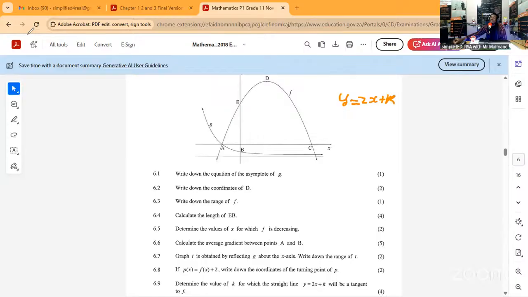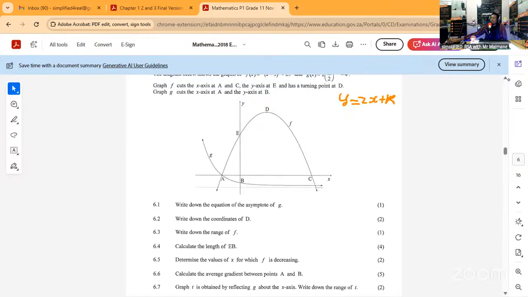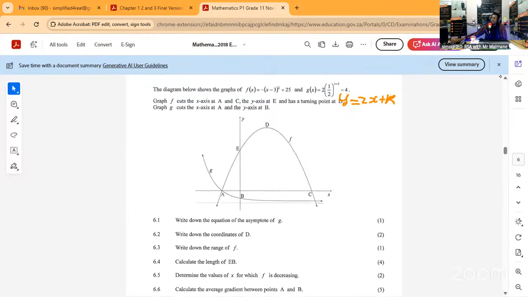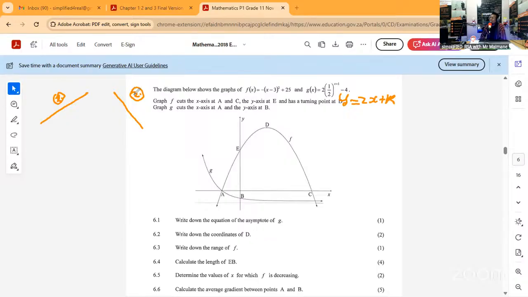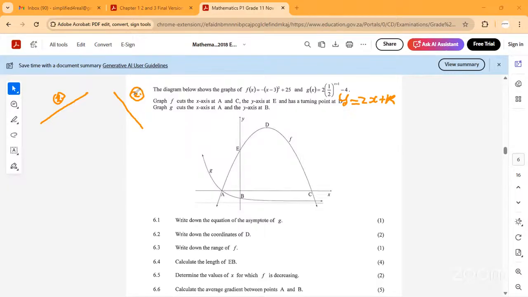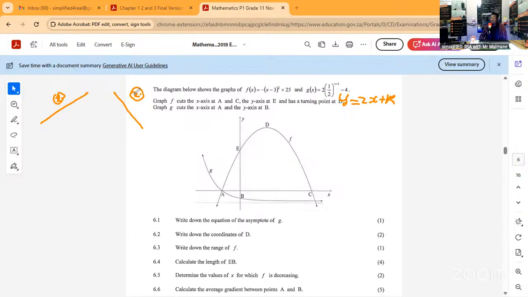Guys, I always say it is important to differentiate a positive slope from a negative slope. If I draw two slopes here, I call this slope number 1 and this slope number 2. Between 1 and 2, which one is positive, which one is negative? The first one is positive and the second one is negative, right?